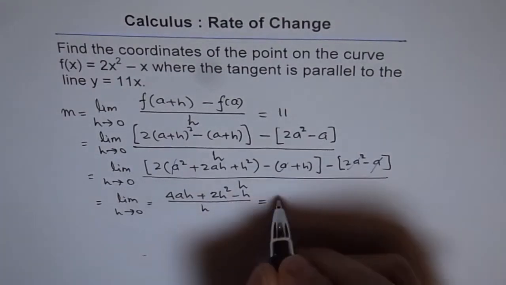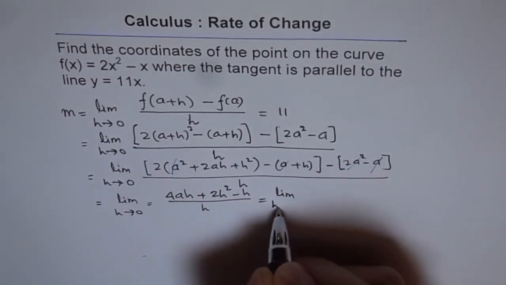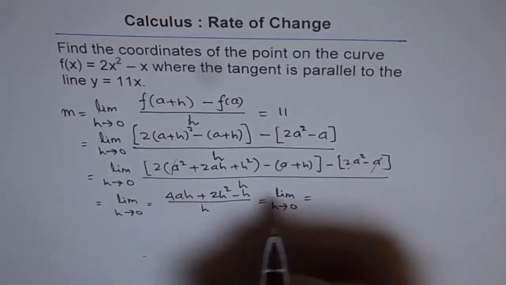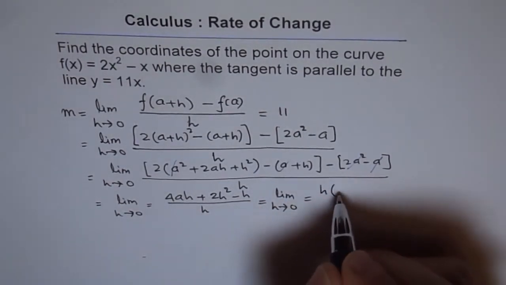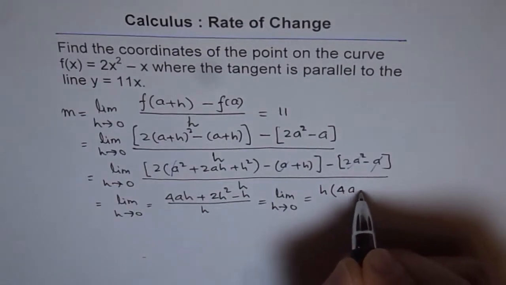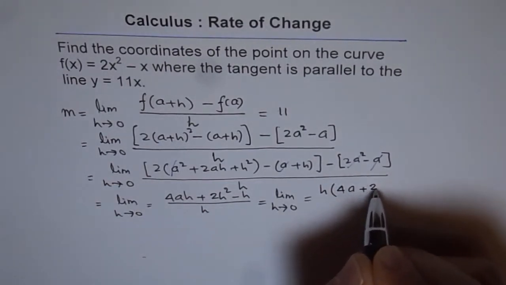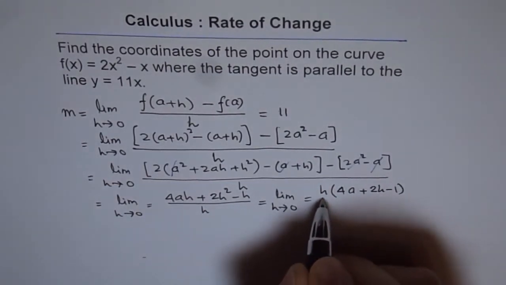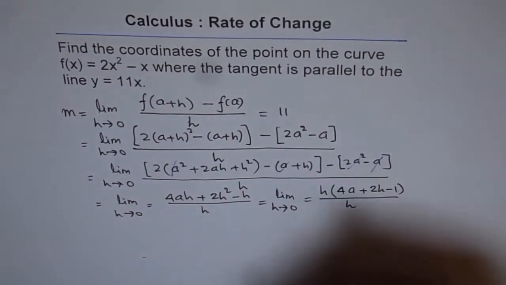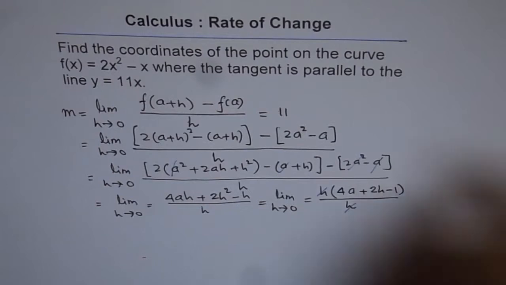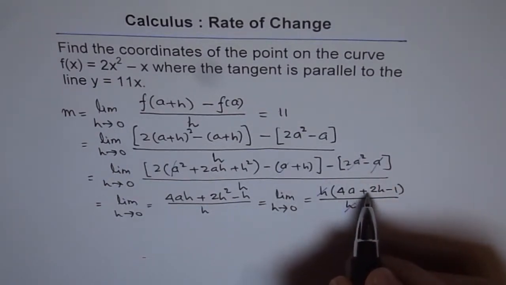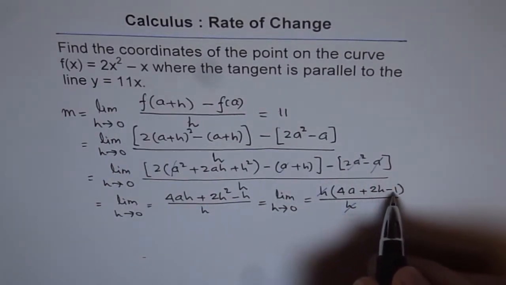Now this could be written as limit h approaches 0, and we can take h common here. So we take h common, and we're left with 4a plus 2h minus 1, over h. Now h divided by h is 1, so you're left with 4a plus 2h minus 1.